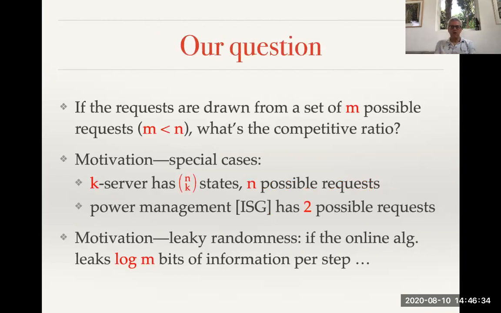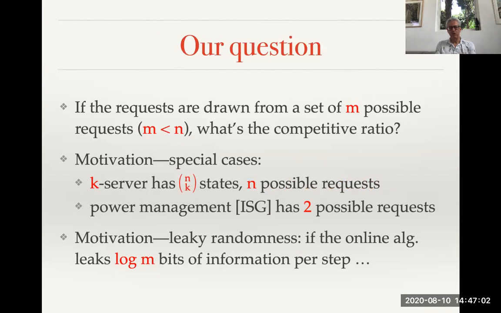Okay, so what's the question in our paper? Given the fact that we pretty much know what's happening with metrical task systems in general, we want to look at a particular parametrization of metrical task systems to see if that parametrization gives better parameterized bounds.